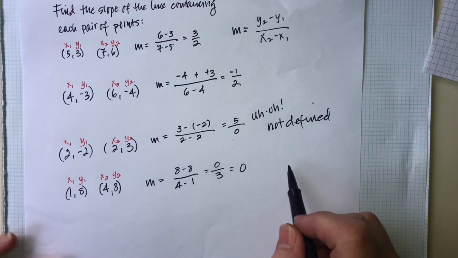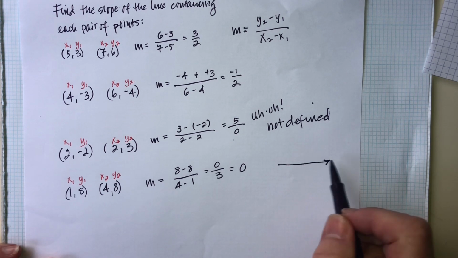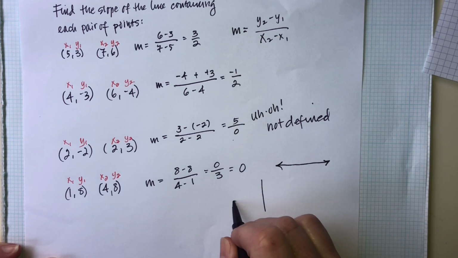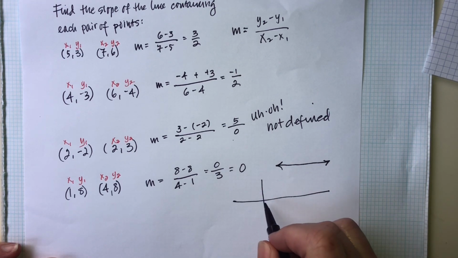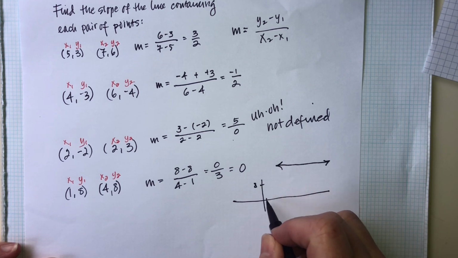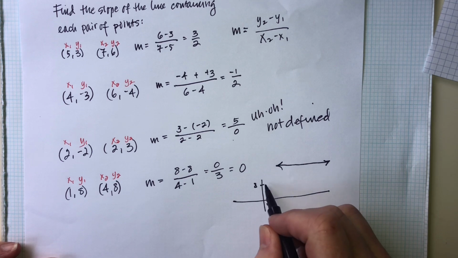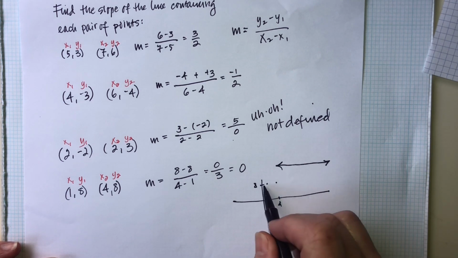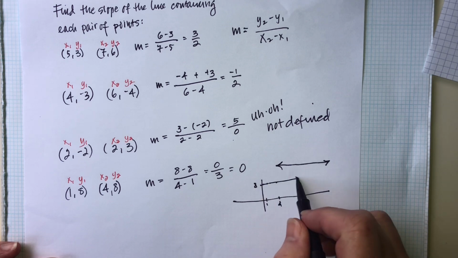When you have a slope of 0, that's going to be a horizontal line. And so we can quickly do a little graph of this situation. So if we have the point 1, let me say this is 8 up here, and this is 1, 8, and then go over here to 4, 8. Notice that would be a horizontal line.